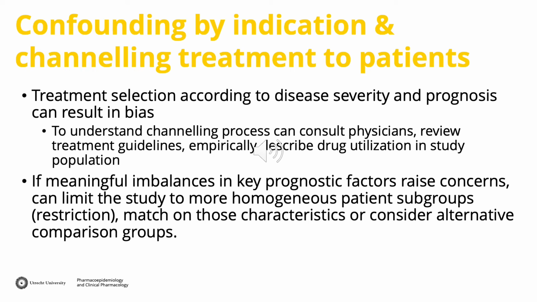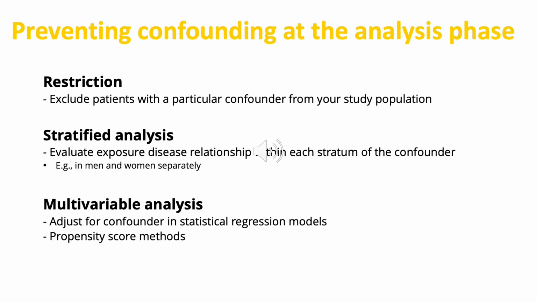So this is one way to deal with confounding by indication or channeling. As I mentioned previously, restriction is one way to deal with confounding by indication in your study, but there are also other ways to account for confounding in your study.